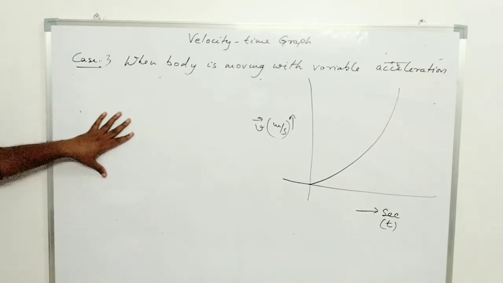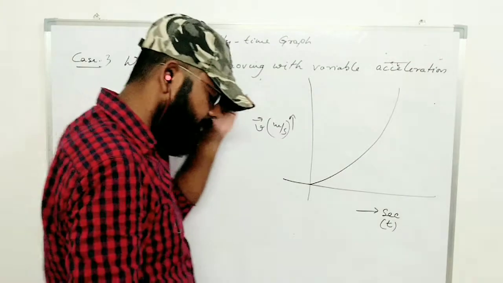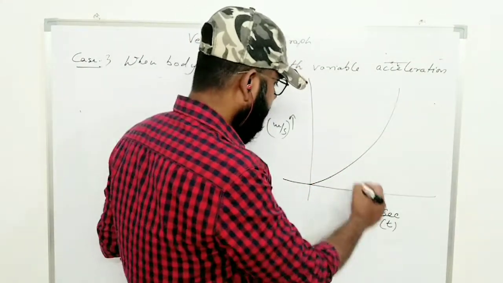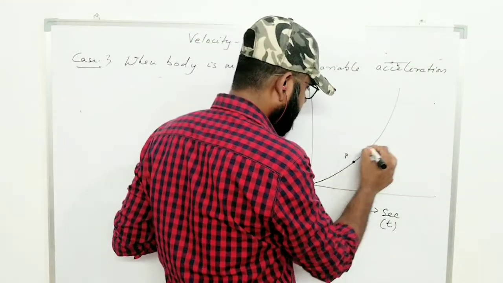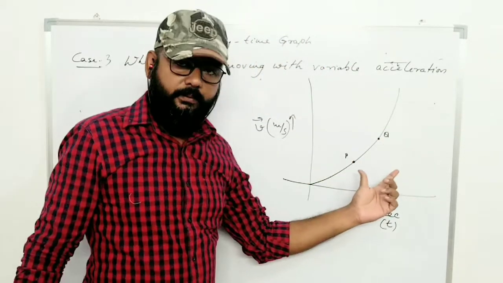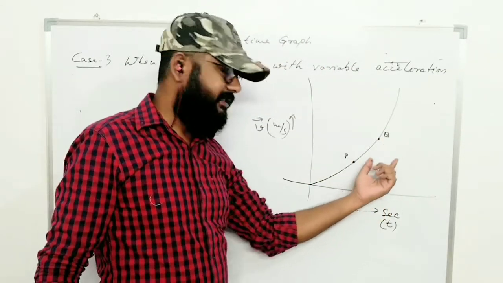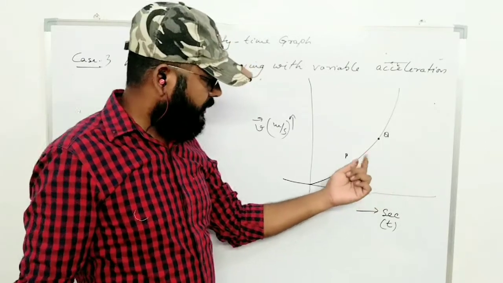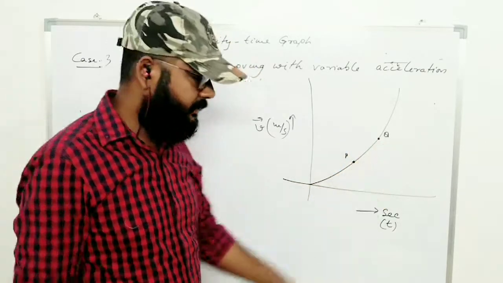Okay. Now one more thing I told in distance time graph. Suppose here it is point P and here it is point Q. At which point is the acceleration greater? See here at Q, why?